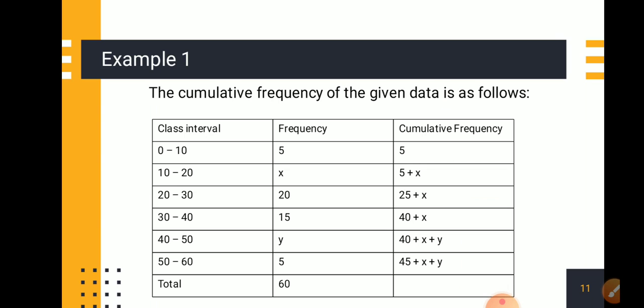Remember, if frequency is missing and it is given by x and y terms, this is the manner in which we write. So now we have got the cumulative frequency. We have got n, which is 60. So now let us put the formula and see.